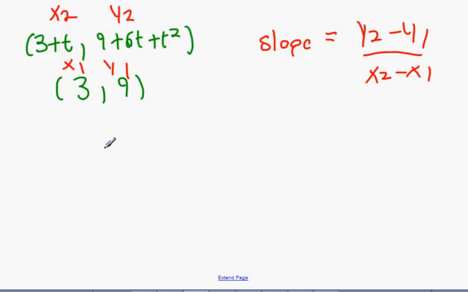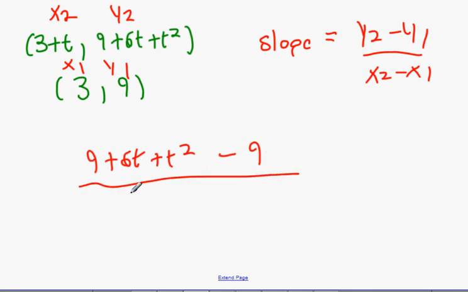Now look what happens. We're going to get 9 plus 6t plus t squared minus 9 all over 3 plus t minus 3. The 9's will cancel. The 3's will cancel.